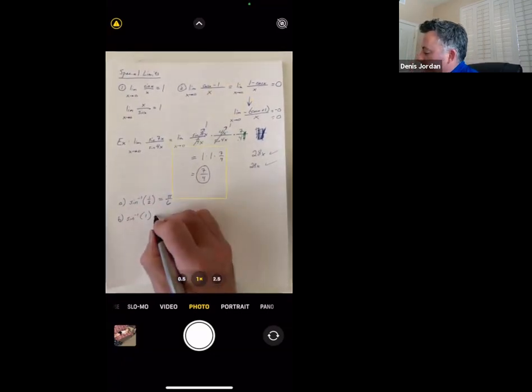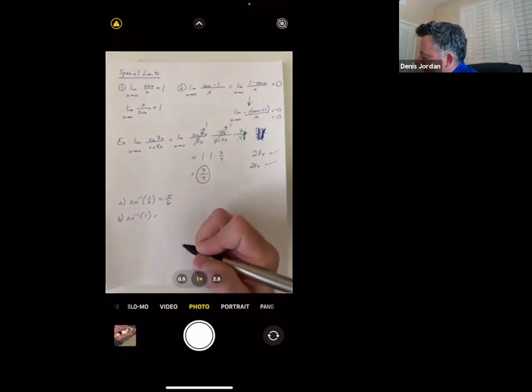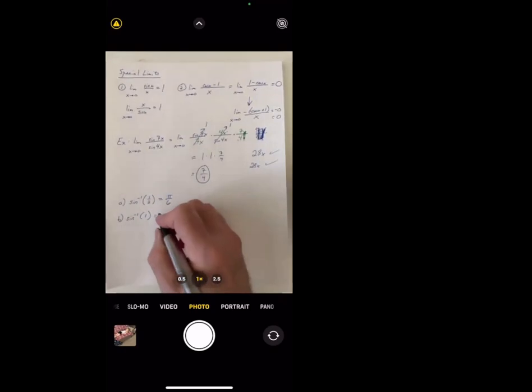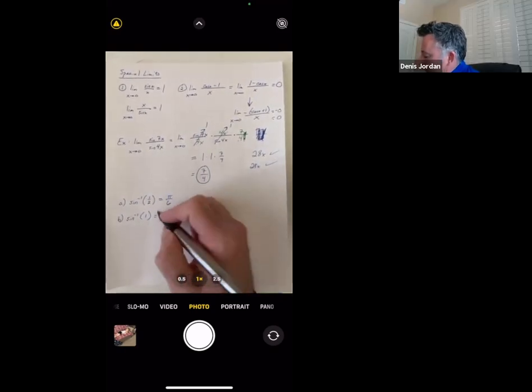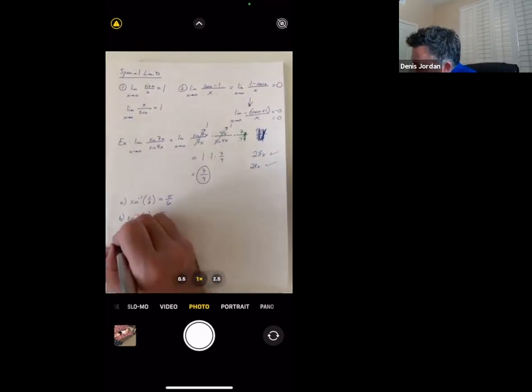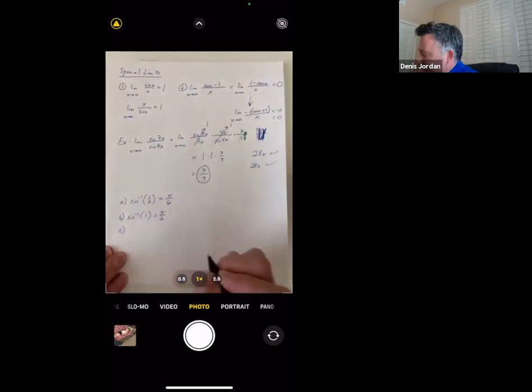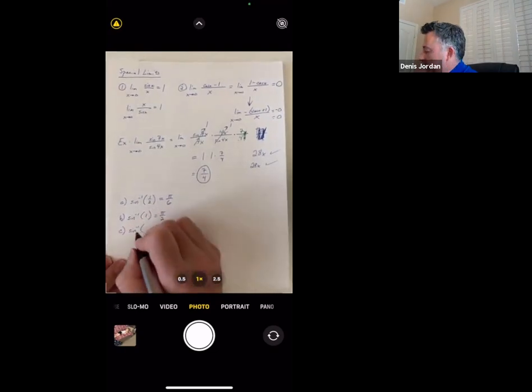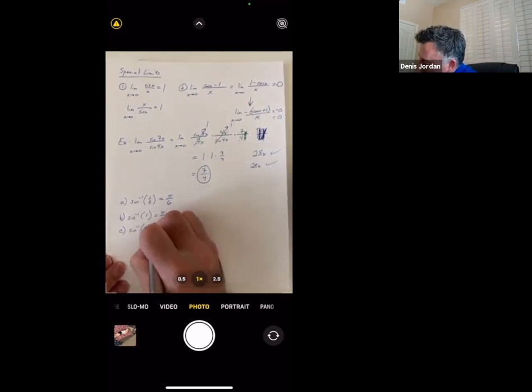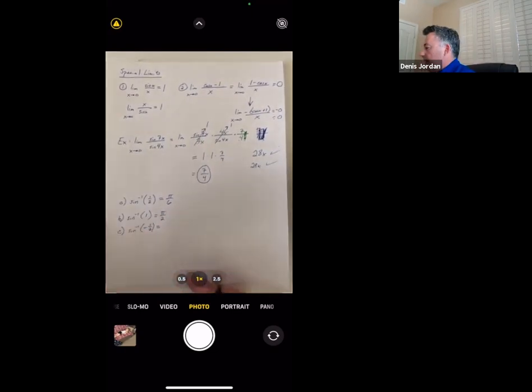Okay, what's inverse sine of 1? Pi over 2. Yeah, that's the 90 degrees, or pi over 2. What about inverse sine of negative 1/2?